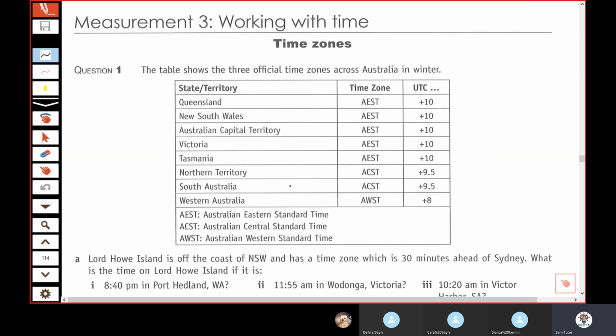Western Australia is +8 and so on and so on. So that means from Western Australia to New South Wales, there's a 2-hour time difference. And of course, if you can understand this, Western Australia would be 2 hours behind New South Wales, or you can say New South Wales is 2 hours ahead of Western Australia. Any questions there?